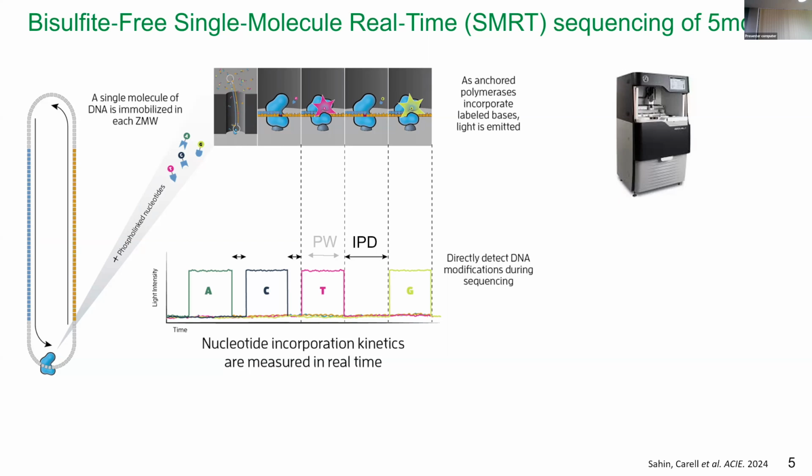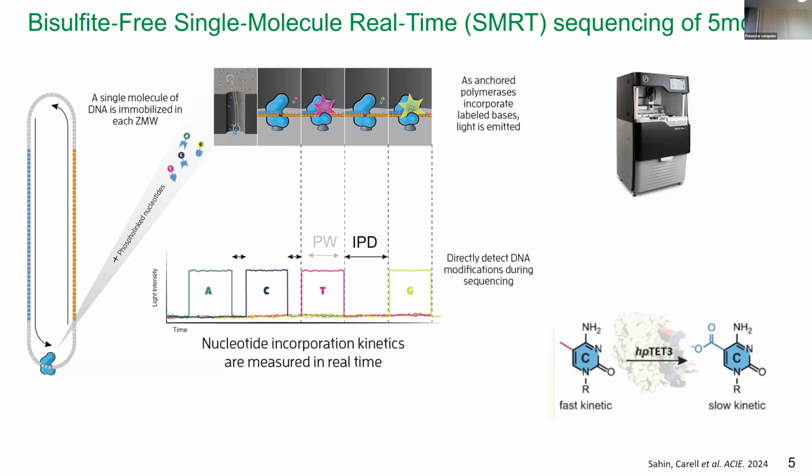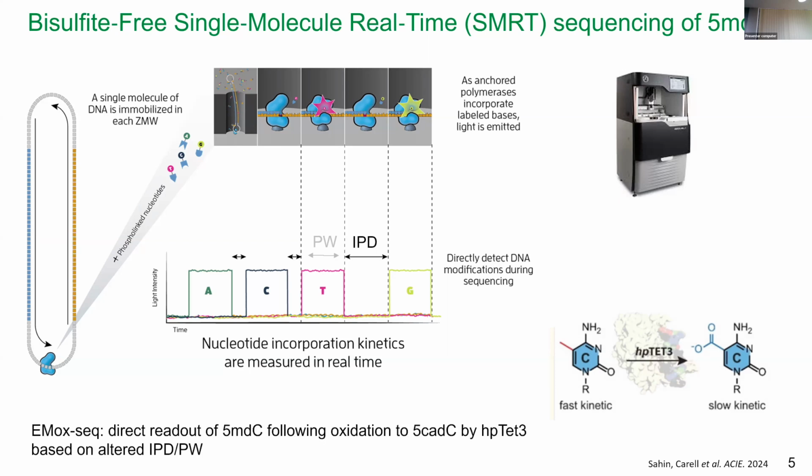You not only learn which nucleotide is incorporated, you also have kinetic information: how long the polymerase needs to incorporate the nucleotide, this is the pulse width, and also how long it needs to incorporate the next nucleotide, this is the interpulse duration. They found out that if you have carboxycytidine, the polymerase needs longer, so you have slower kinetics. And if you train the algorithm, you can directly read out the converted 5-methylcytidine via this algorithm. So this already works great.